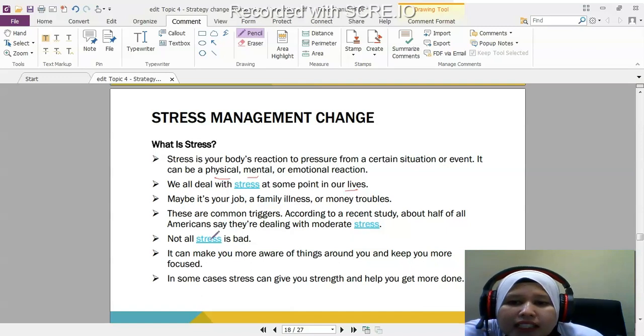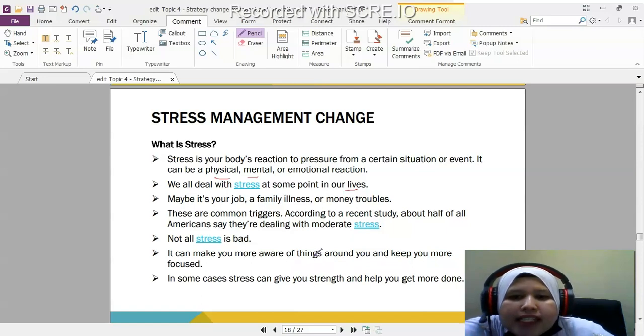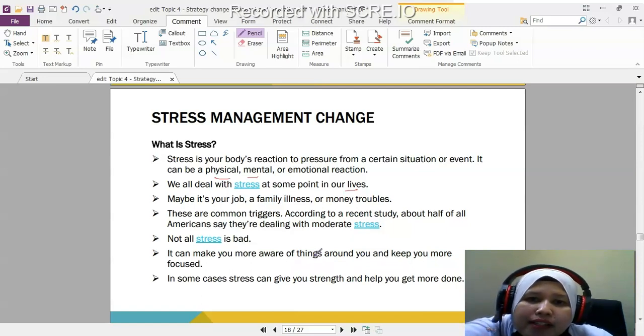So not all stress is bad. It can make you more aware of things around you and keep you more focused. The stress situation will give you either a positive impact or a negative impact.